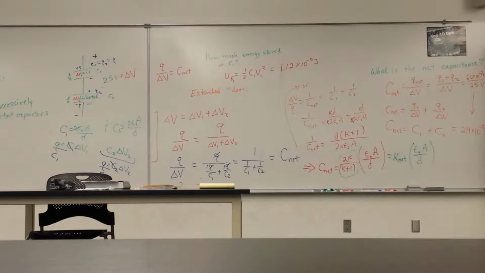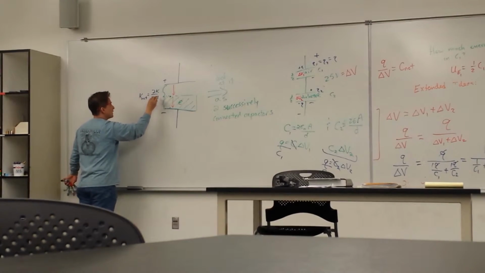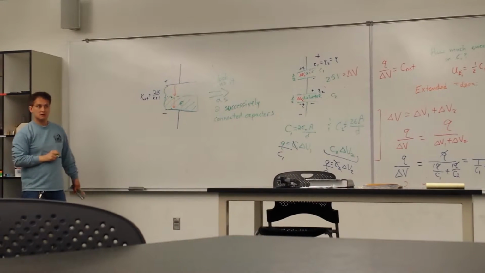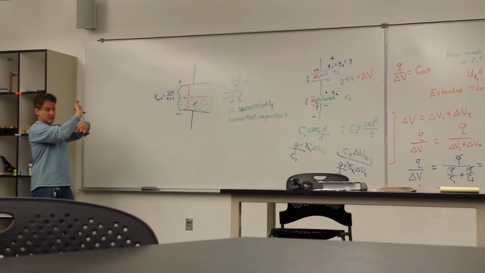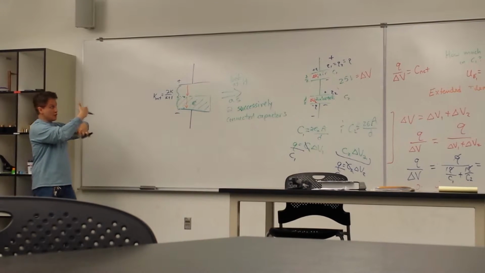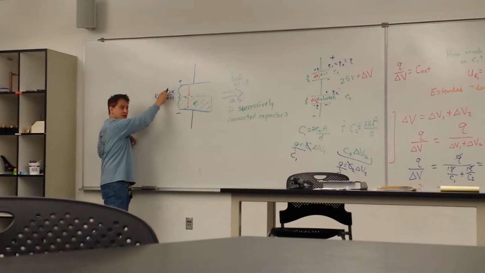And the effective or net dielectric constant should be 2 kappa over kappa plus 1. The assumption is they're the same separation distance. If they're not, then this 2 would be a different number, because we had a 1/2 and it's an inverse 1/2.